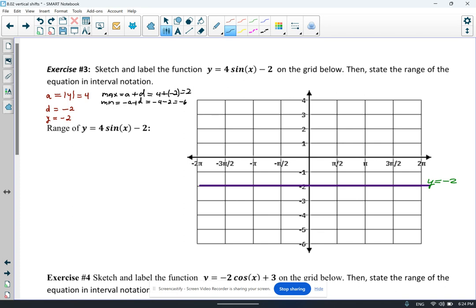Next, we're going to figure out the general pattern for the sine function. So I'm going to make a little unit circle here, because really everything is from the unit circle. At 0 degrees, we have the point 1, 0. At 90 or pi over 2, we have 0, 1. At pi, we have the point -1, 0. And at 270, we have the point 0, -1.